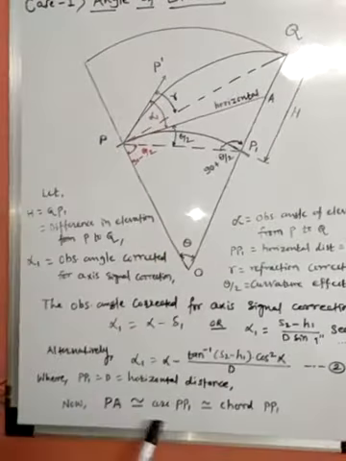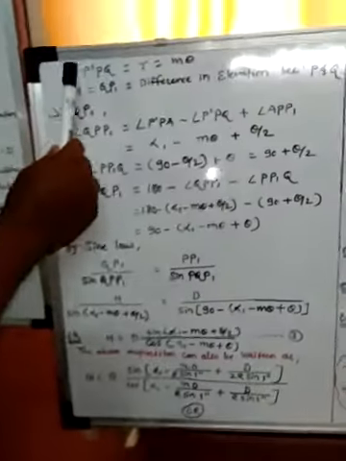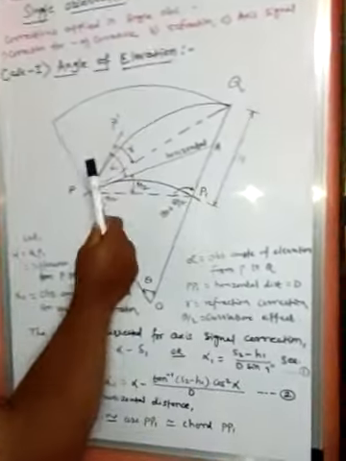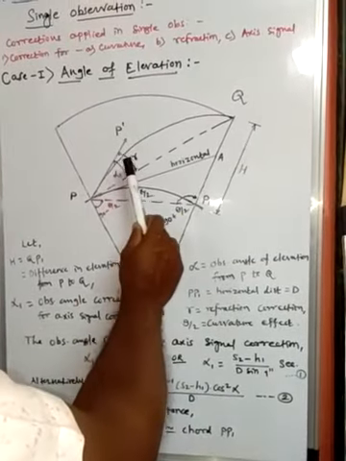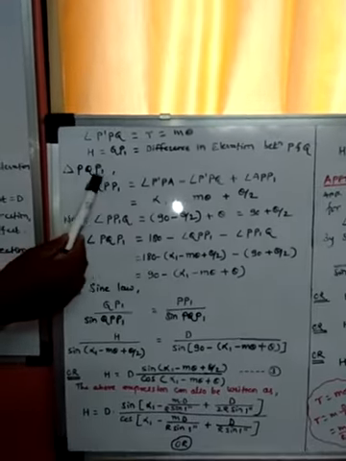From the horizontal distance, the angle P1PQ equals R m theta, which is the refraction angle. H is equal to QP1, the difference in elevation between P and Q. Then let's see the triangle PQP1.